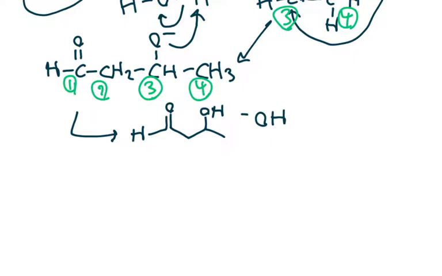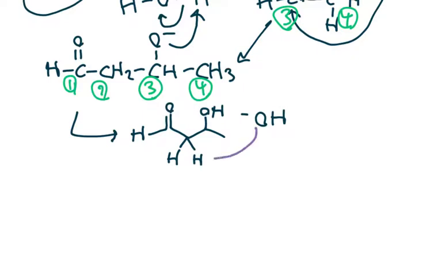Dehydration can also be done with a base or an acid. So we're going to go through the base catalyzed dehydration here, and then we're going to go through this whole thing with an acid. So in a base catalyzed dehydration, what goes on is you have 2 hydrogens here. I'm going to use a new color for the dehydration.